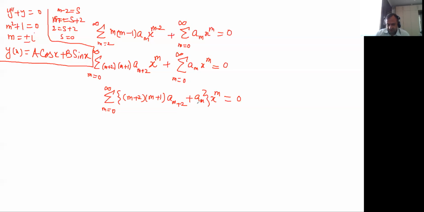Okay, because m is 0 to infinity, and then I can add these terms. So now, in order for this equation to hold true, this term in the curly brackets should be equal to 0. Which means that m plus 2, m plus 1, a m plus 2 plus a m should be equal to 0.